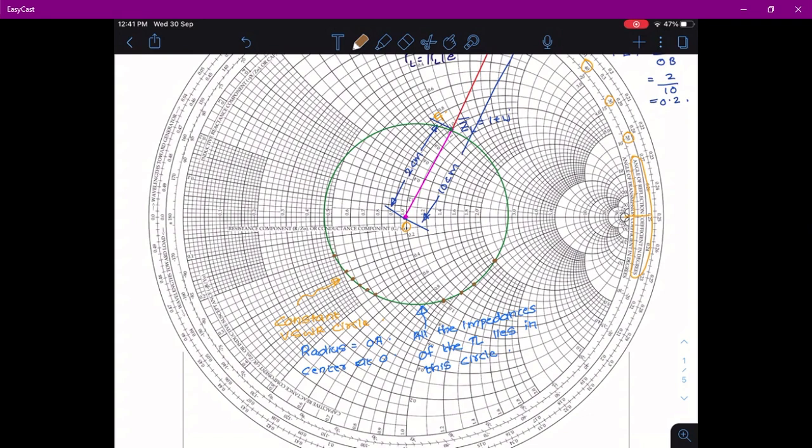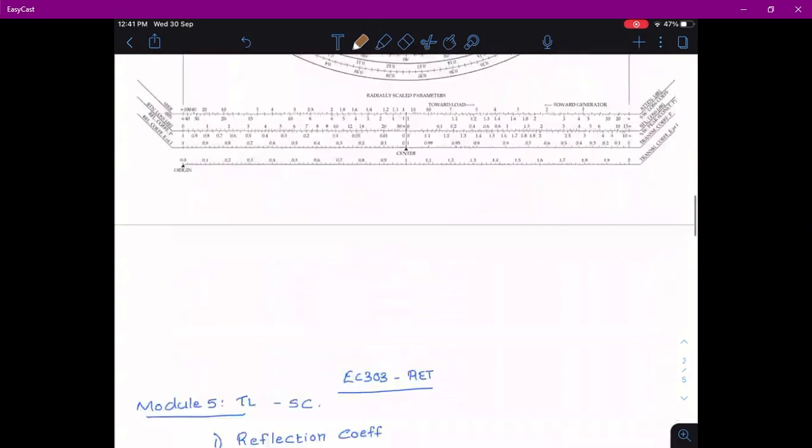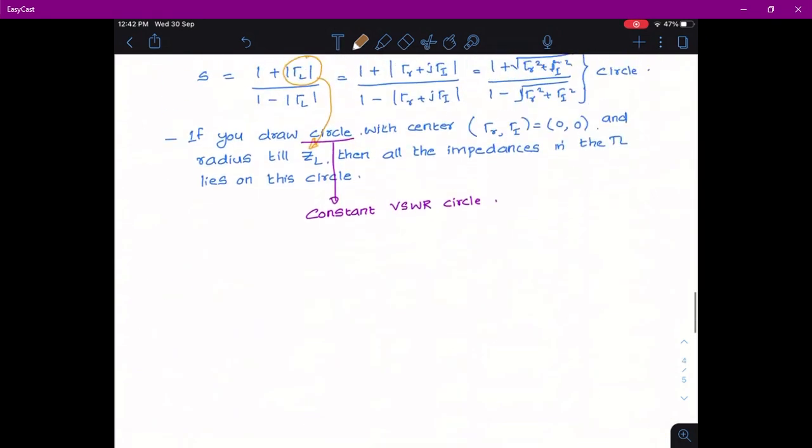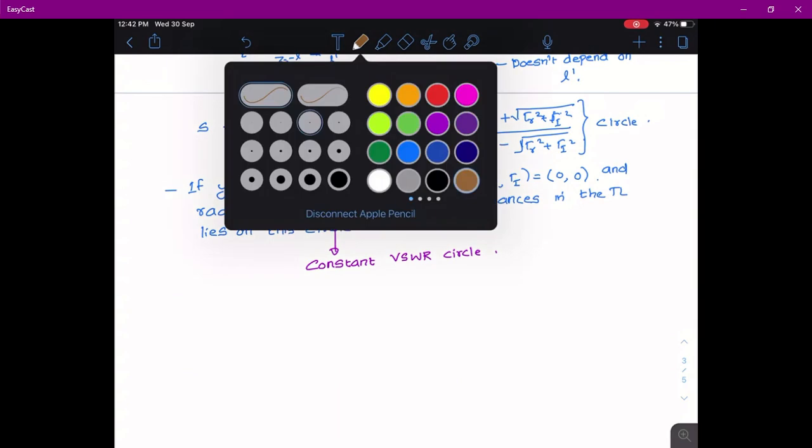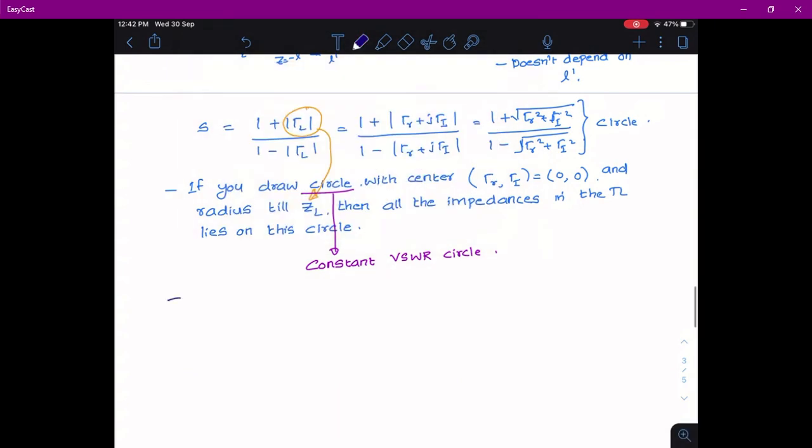We'll see by looking at an example how we can find the impedance at a distance L dash. Before that, how can you find the VSWR? We know the expression for VSWR, and we know there is a constant VSWR circle, but what is the value of VSWR, or S?